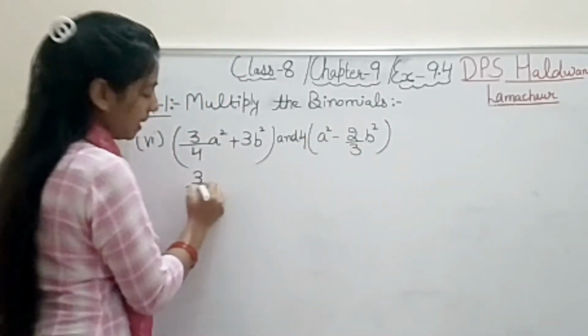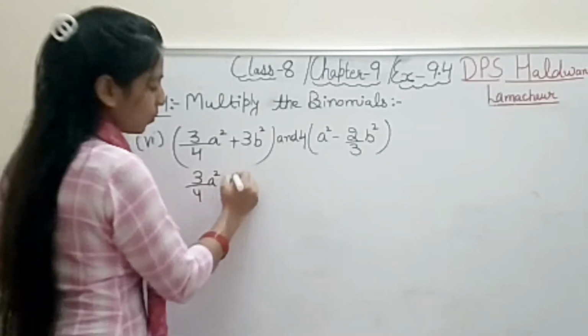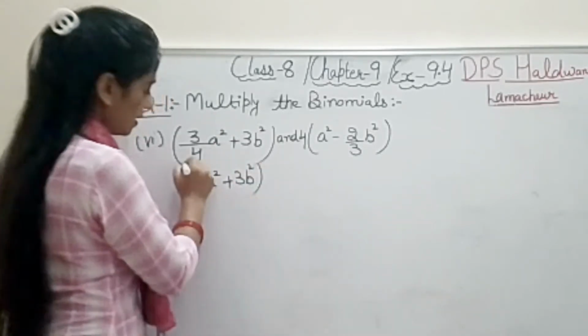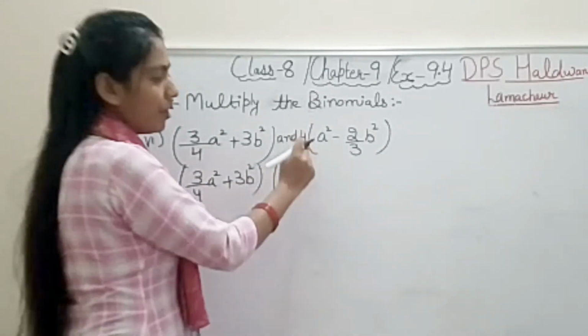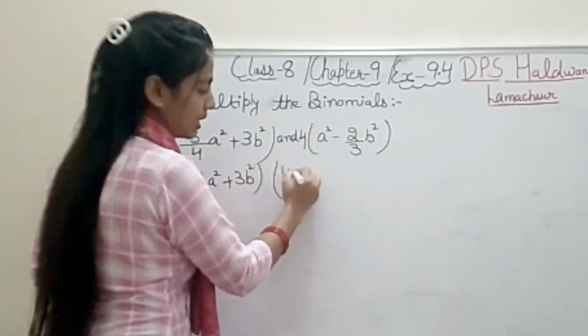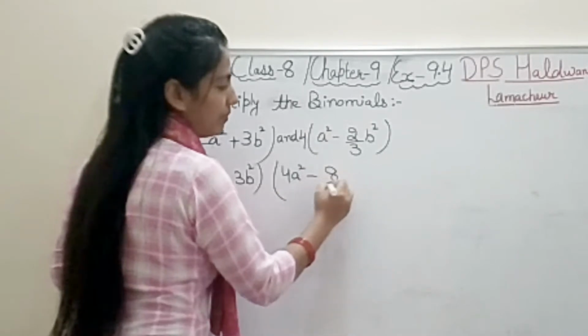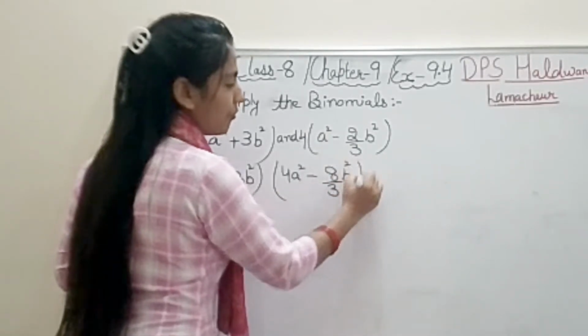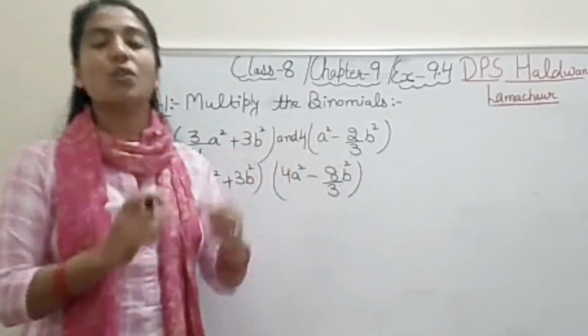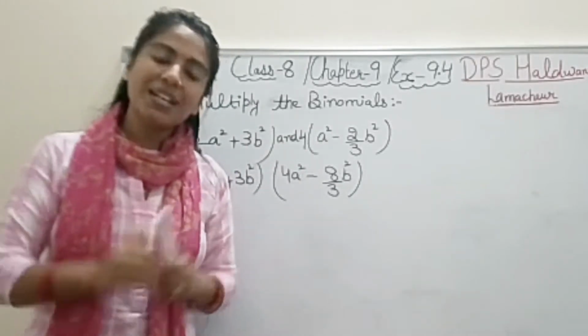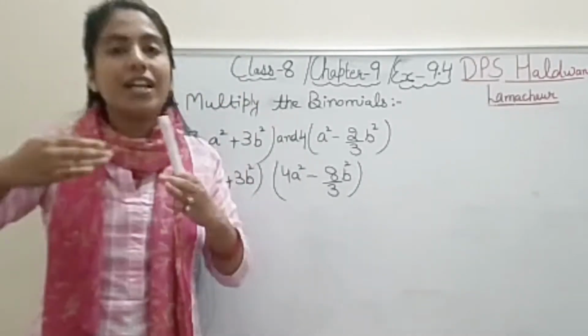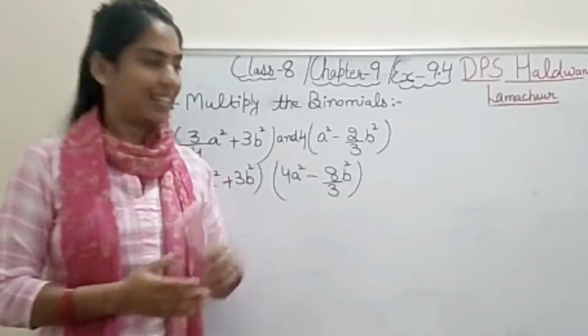So this bracket will remain as it is, 3 by 4 a square plus 3b square, right? And this, according to this, 4 into a square, 4a square minus 4 twos are 8, the denominator part will be as it is because 4 is in the numerator and 2 is also in the numerator. Right student?